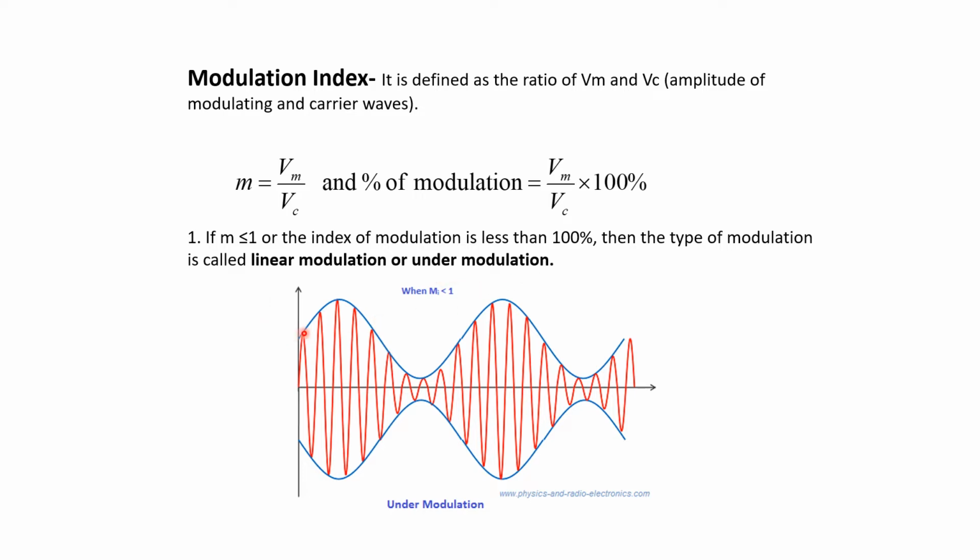It is quite evident that if Vm is smaller than Vc, then the amplitude of the modulating signal is less than the amplitude of the carrier signal.